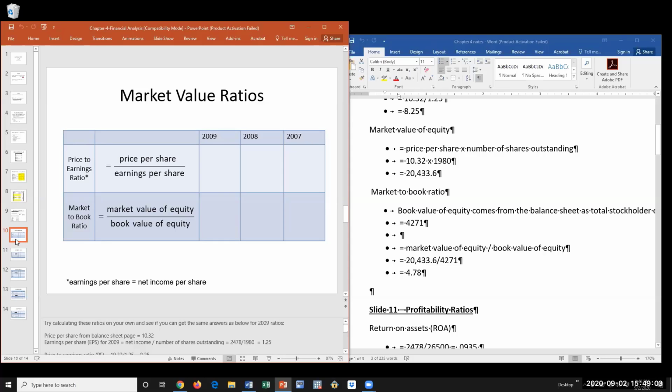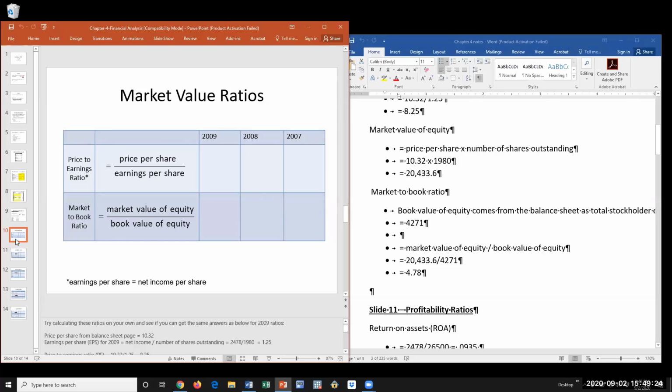So it kind of gives you an idea of, again, similar to PE ratio, a tech company or a company that has lots of growth will have a high market to book ratio versus a company with a smaller market value but high book value.